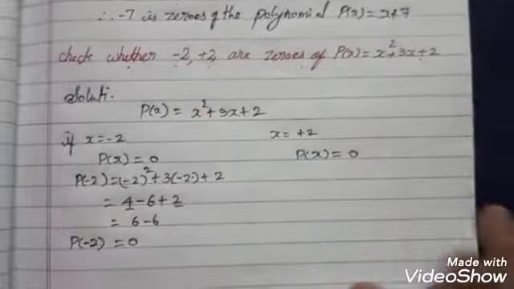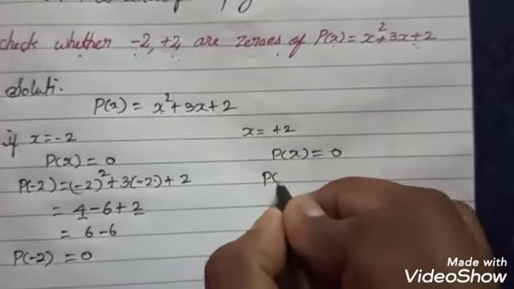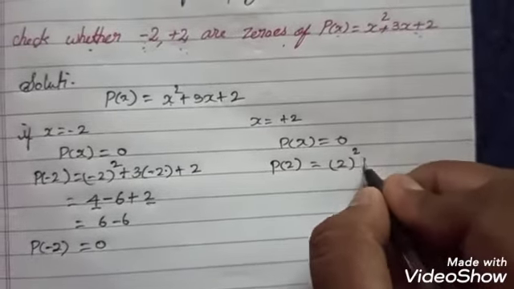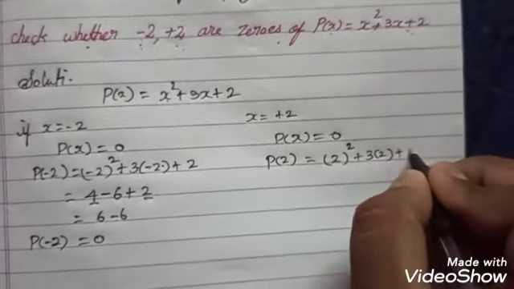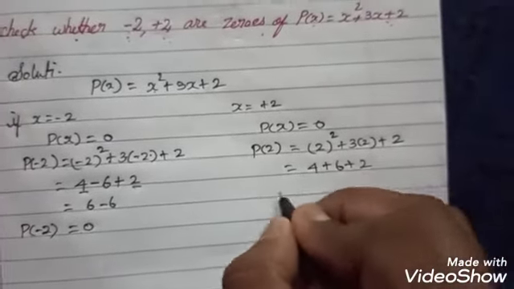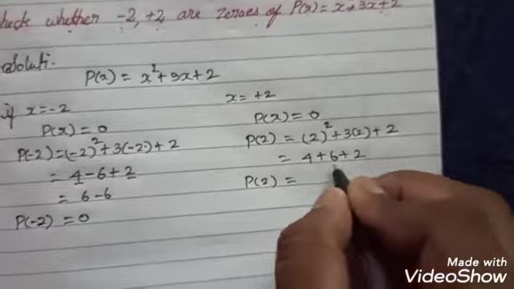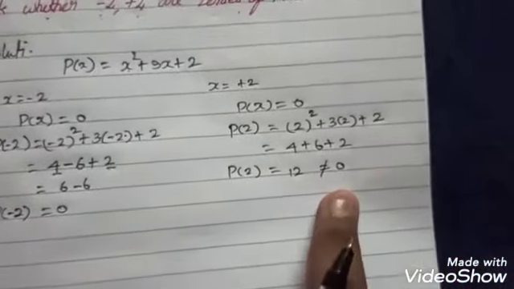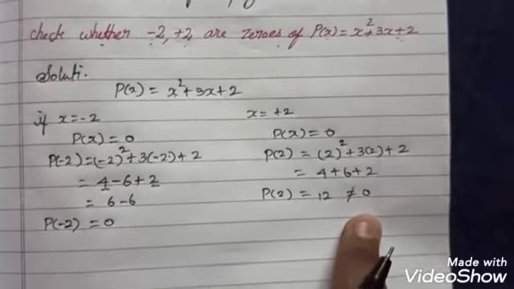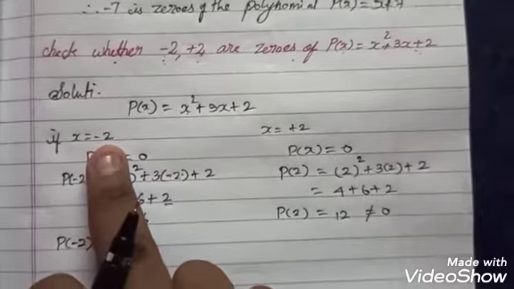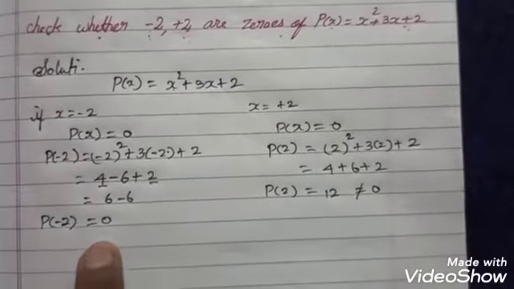The same way here, p of 2 is equal to 2 to the power 2 plus 3 into 2 plus 2. So 4 plus 6 plus 2, p of 2 becomes 12, which is not equal to 0. So it's clear what the condition is. If you say minus 2 is a zero of the polynomial, p of minus 2 equal to 0.